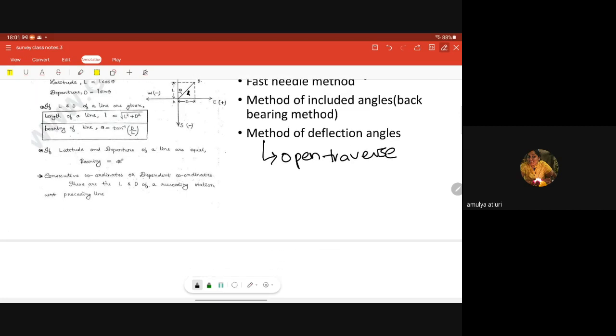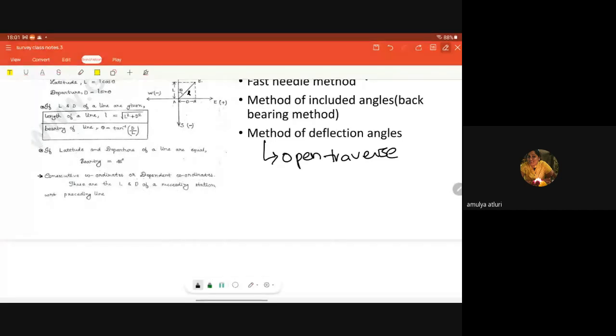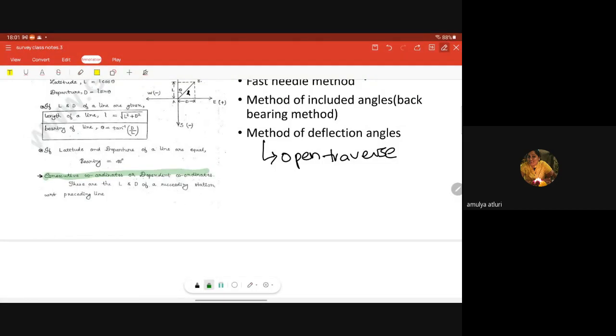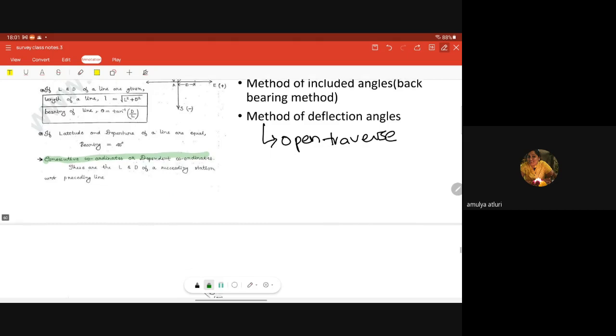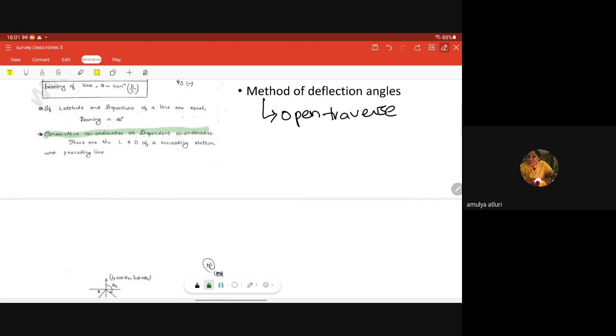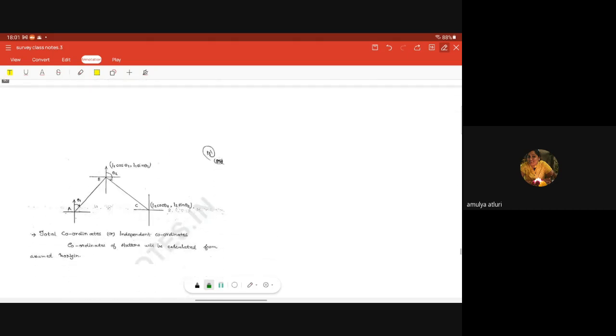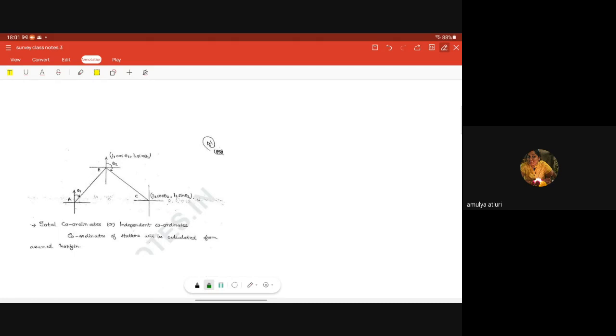Consecutive coordinates or dependent coordinates. These are L and D of succeeding station with respect to preceding line. Okay. Next, these are the coordinates of A and B. If the length is L1, then B is L1 cos theta 1, L1 sin theta 1.